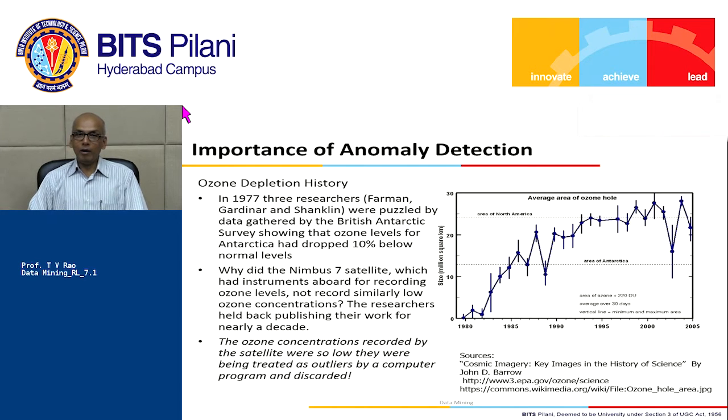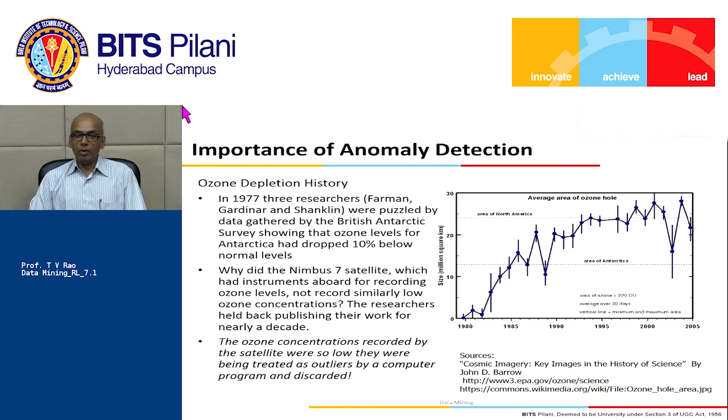But then they knew that there is already an American satellite, Nimbus 7, which is monitoring the ozone layers and recording the ozone levels, and it had not reported anything significant. So for a decade, they did not publish their work, thinking that there may be some error in their observation because the satellite is observing far more closely.